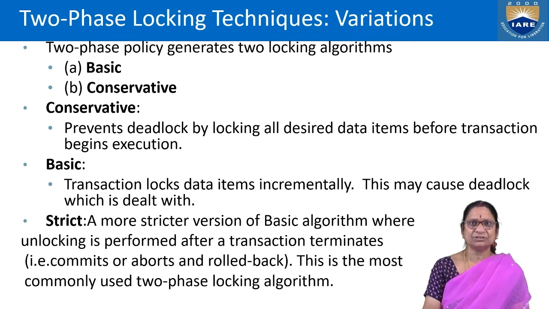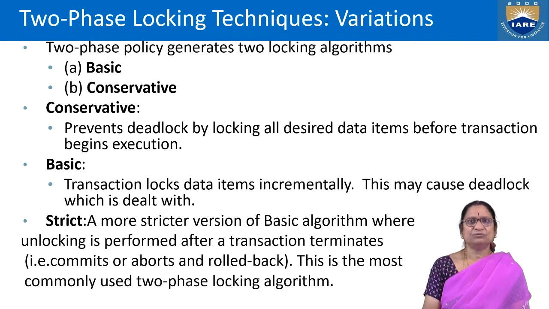In the basic version, the transaction locks the data items incrementally. In the conservative version, to prevent deadlock, all the locks on the desired data items are requested and acquired before the transaction begins.